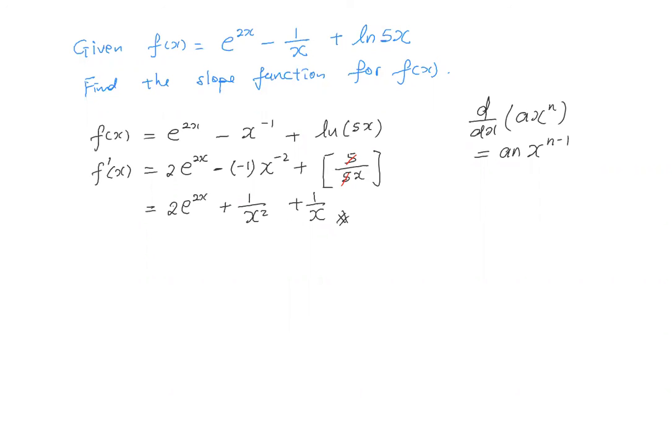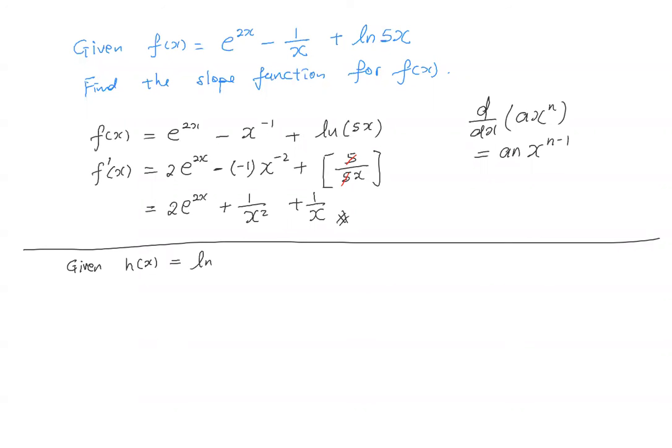Okay. If we have this, given h(x) is equal to ln(x squared minus 3x plus 2).